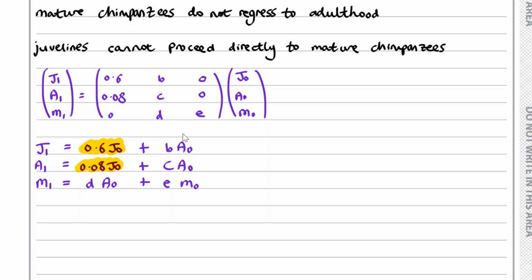And obviously these guys are reproducing, so this guy is reproducing. Okay, and we have 0 times M0, because these guys don't reproduce. Okay.